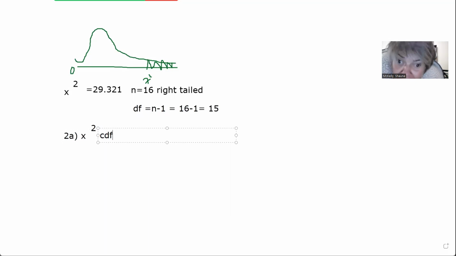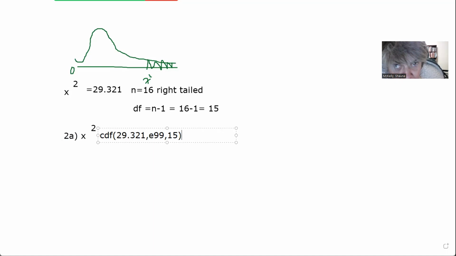Make sure you're using the CDF, not the PDF. Chi-squared CDF, this is a right tail. So you're going to go from chi-squared, which is 29.321, to infinity, E99, with a degree of freedom of 15. Let me show you all of that.